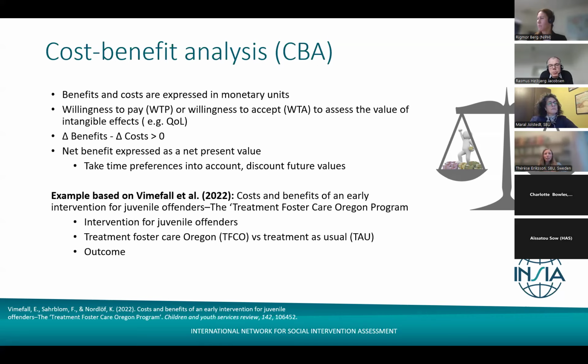So the result is expressed as a net benefit and as a net present value because, in general, we prefer things that happen today compared to things that are uncertain in the future. So future values are discounted and therefore expressed as a net present value. And if this value is positive, the intervention is considered cost effective.